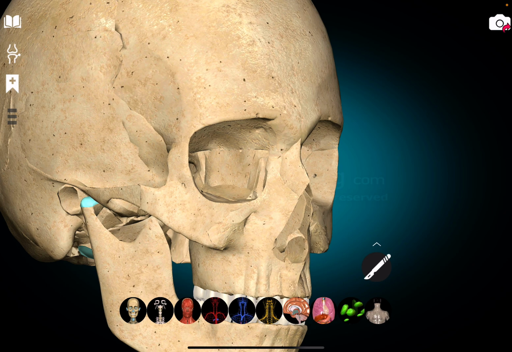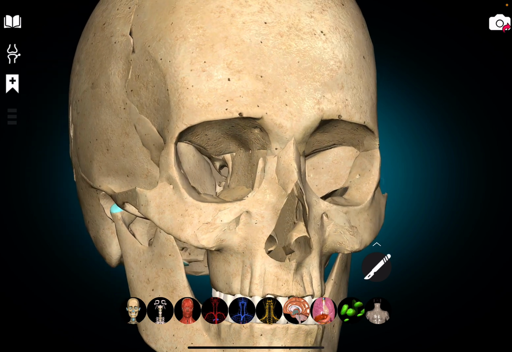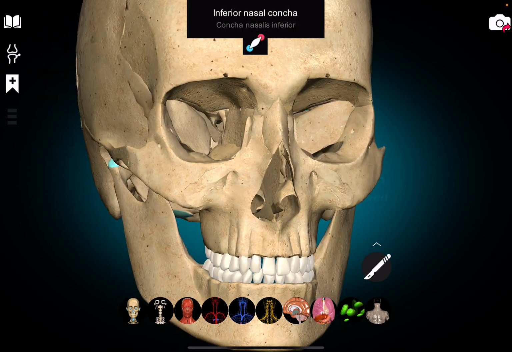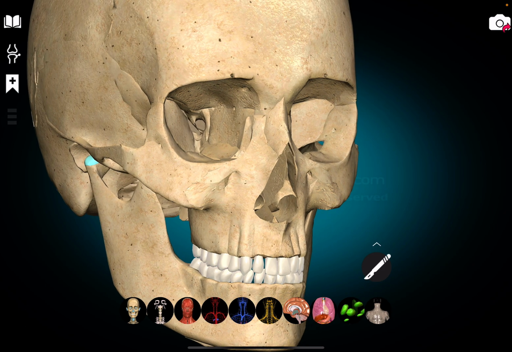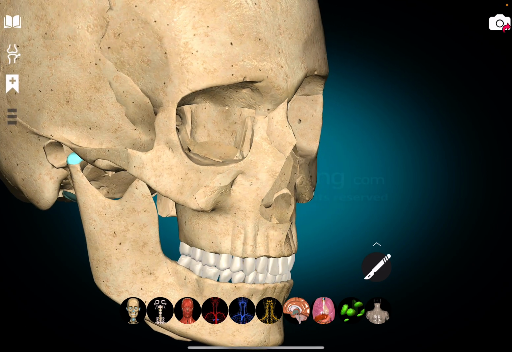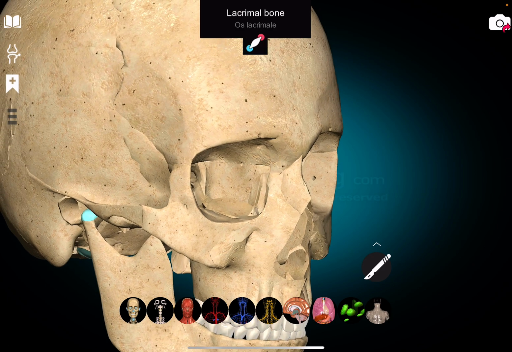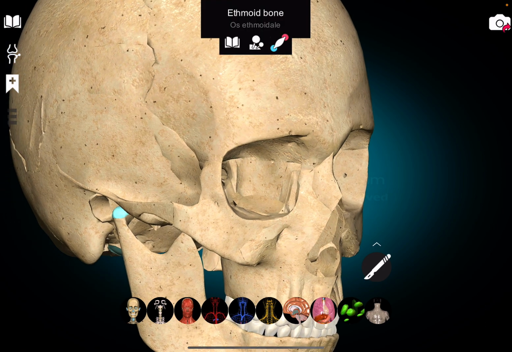to connect with the inferior concha of nose. That's the inferior concha of nose. Okay. So that's where the nasolacrimal duct will go. Then after this lacrimal bone, you will see a bone which is the ethmoid.